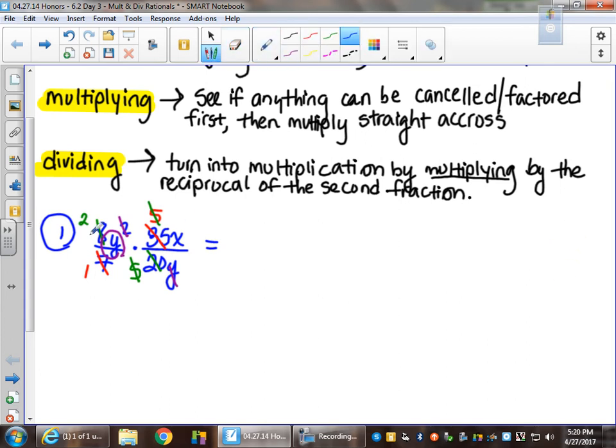So when I look to see what I have, 2yx divided by, and in the denominator, all that's left is 1. Dividing by 1 doesn't change anything, so my answer is 2xy or 2yx, however you choose to write it.